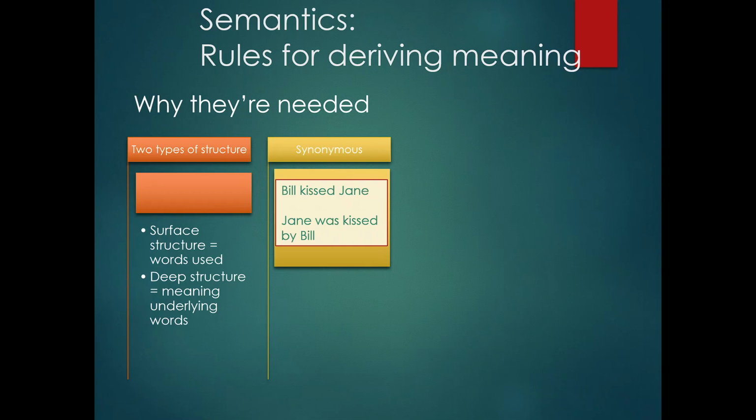To make it grammatically correct in English, I could say I live in a yellow house, or I live in a house that is yellow, right? Just add some more words to it and suddenly it's grammatically correct again. It's okay to have a surface structure that differs. It's considered synonymous if the deep structure matches.